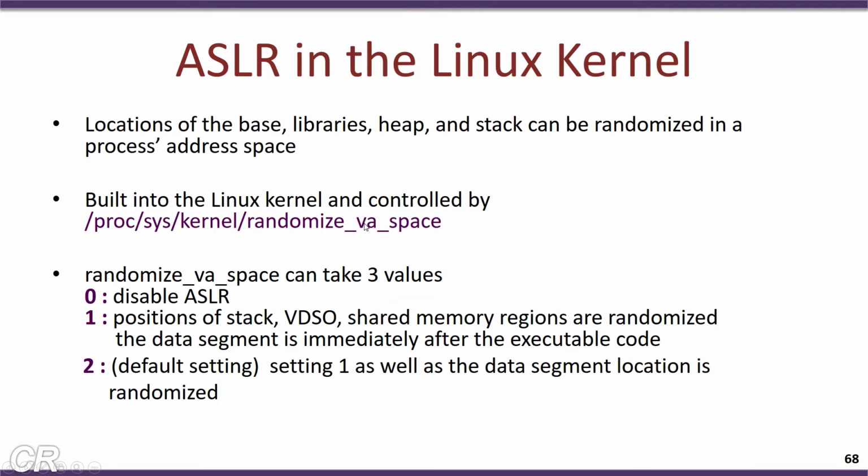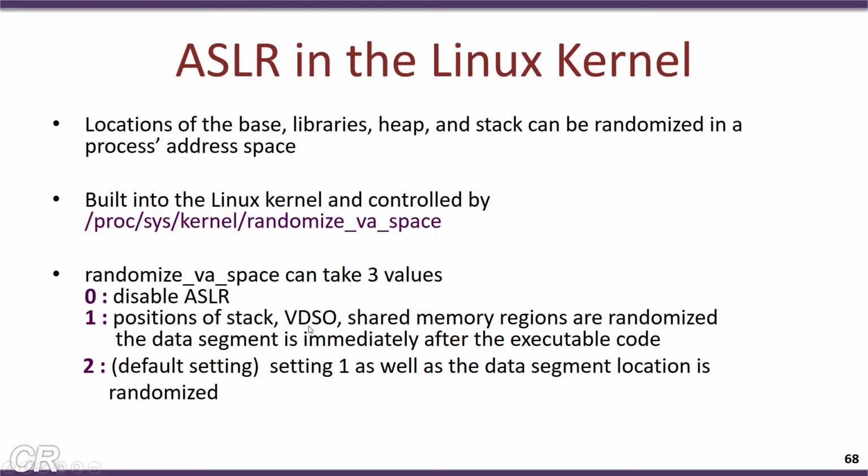So, this particular file would have three values, 0, 1 or 2. 0 means that ASLR is disabled in that particular system, while 2 is the highest level of randomization. With the value of 1, the positions of the stack are randomized.